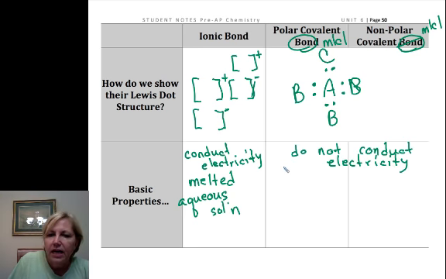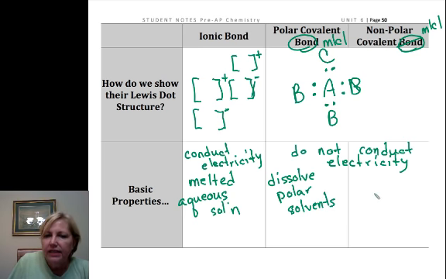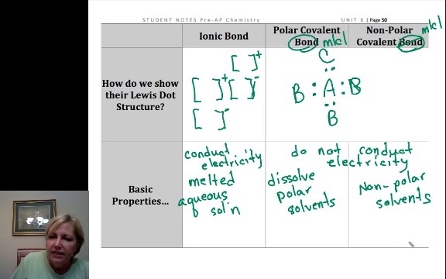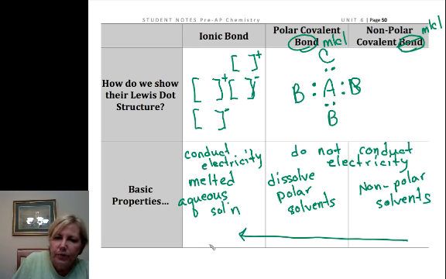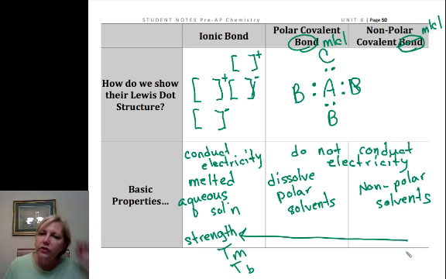These dissolve in polar solvents. These dissolve in non-polar solvents. And strength and melting point would go in this direction, assuming same size. And boiling point would all go in that direction.